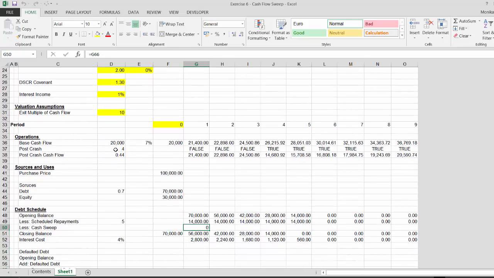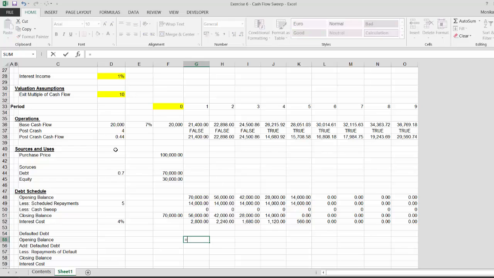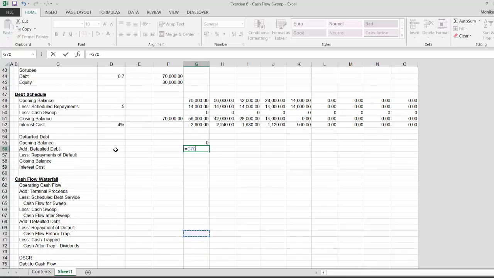Oops, I didn't copy this across. The defaulted debt opening balance equals the closing balance of the prior year. The defaulted debt amount from the cash flow statement is 68, and then the repayment of the default is 69. And we can't do both, so it's okay to put those in.